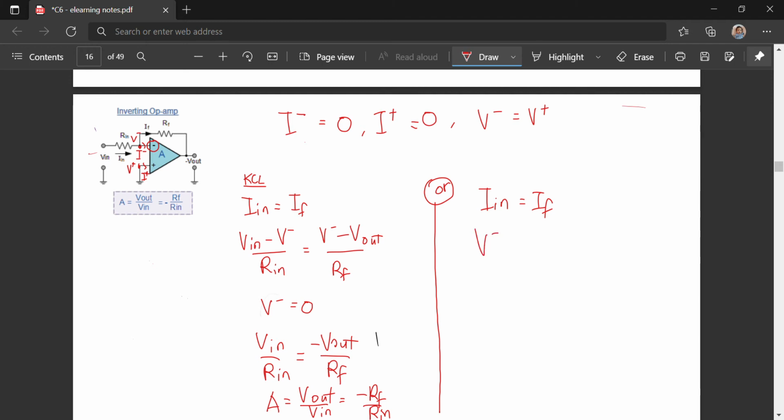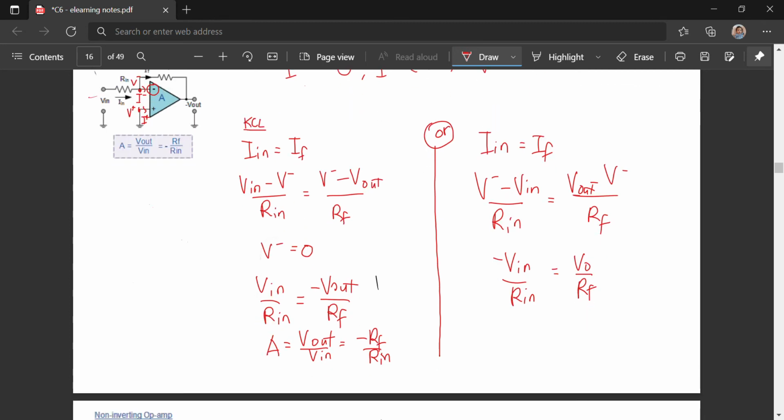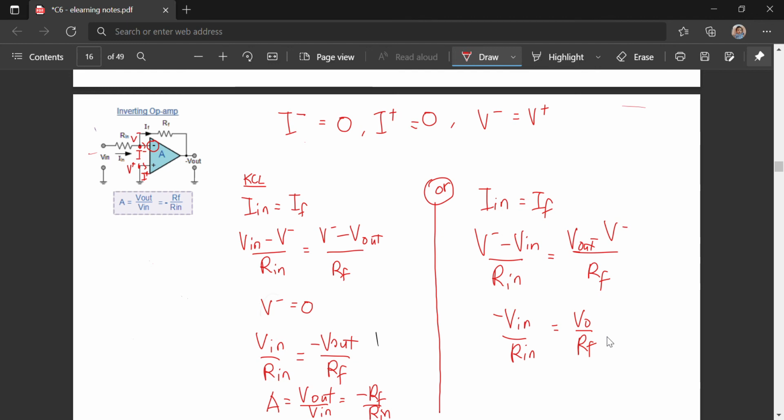So we have V minus minus V in divided by R in equals V out minus V minus divided by R F. So minus V in over R in equals V out over R F. Therefore, the gain V out divided by V in equals minus R F divided by R in.